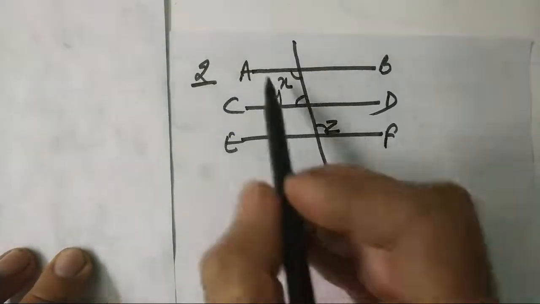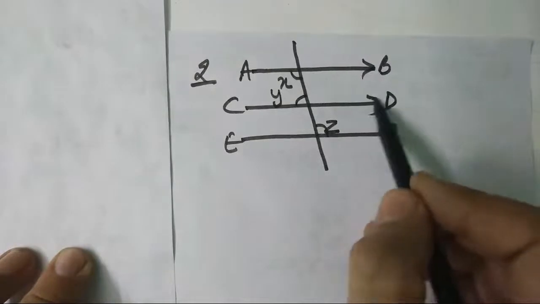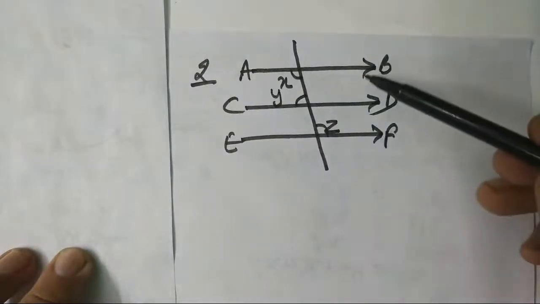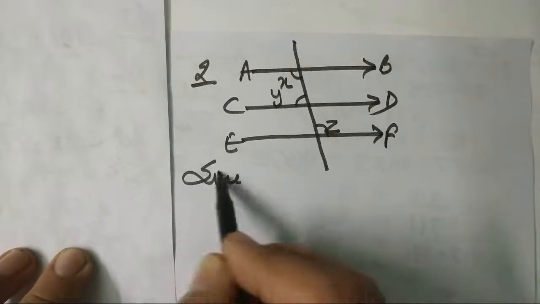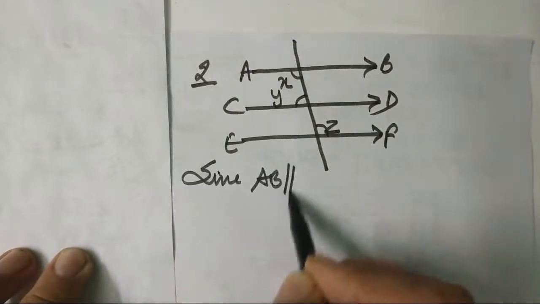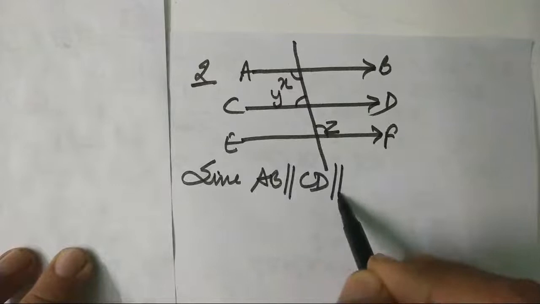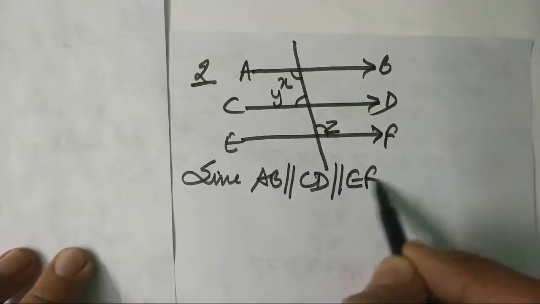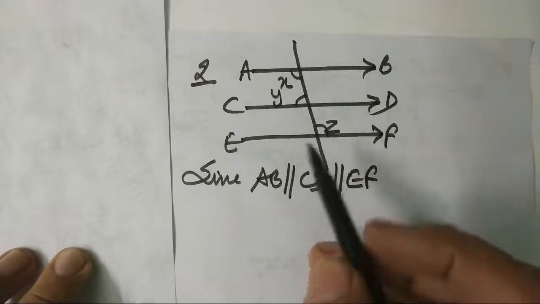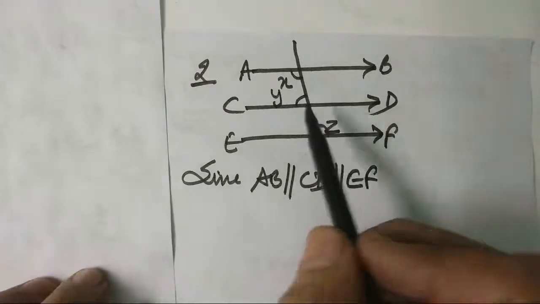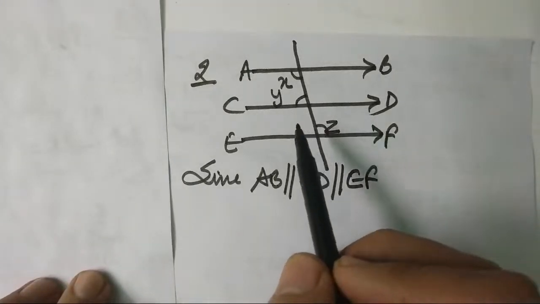Since all the three lines are parallel, this arrow is the symbol of parallel lines, so I will mention since AB is parallel to CD and CD is parallel to EF, since all three lines are parallel, therefore we can use property of parallel line.